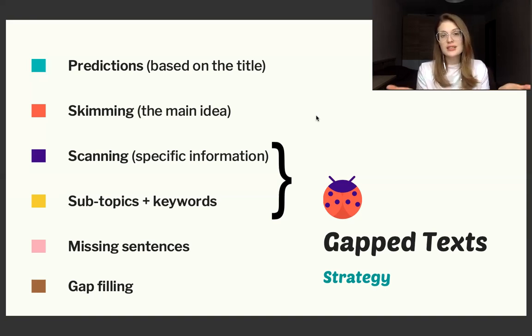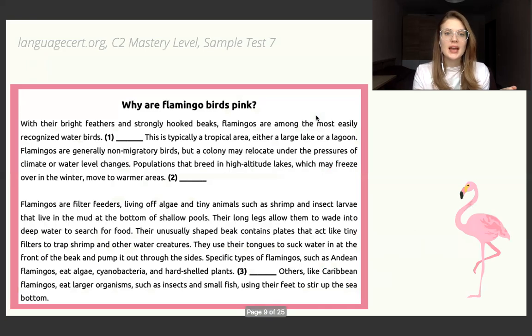So now let's look at the sample text. The text I took is the one by Language Cert C2 Mastery Level. So you can download this for free from their website. And I love this text because it's all about these pink, wonderful creatures, flamingos.